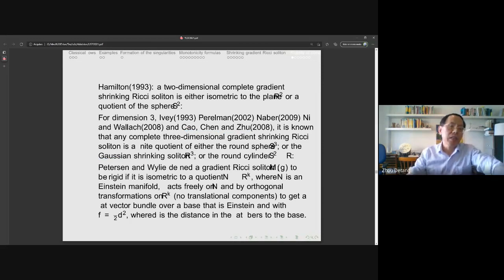Later, Petersen and Wylie defined a concept for gradient Ricci solitons, which is called rigid.